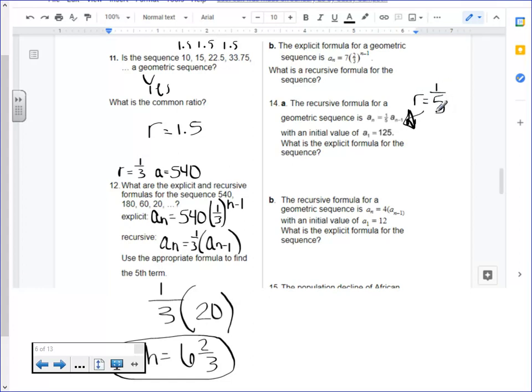The only thing a recursive formula tells you is your common ratio, and then it tells us our first term, which is 125. So it would be A sub n, our first term 125, that's the number in our list, times the common ratio, 1/5, to the n minus 1 power.